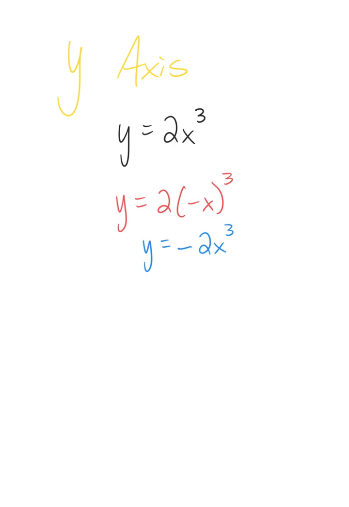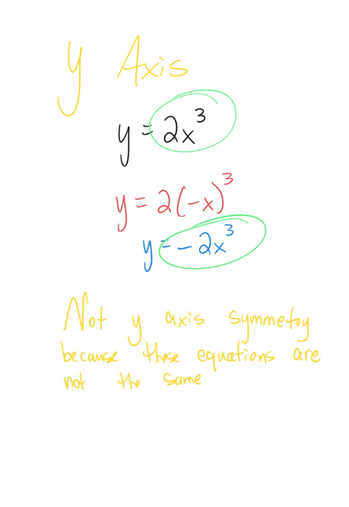So now I have this and I have this. These are not the same, so it is not y-axis symmetry. And they have to be exactly the same. Now, you might be thinking, are we just going to have to keep doing this until we prove that there is none? Sometimes, yes, you have to test all three main ones to prove that there is not symmetry.